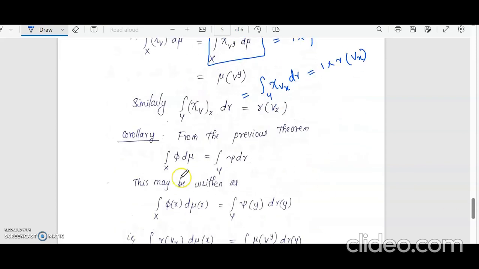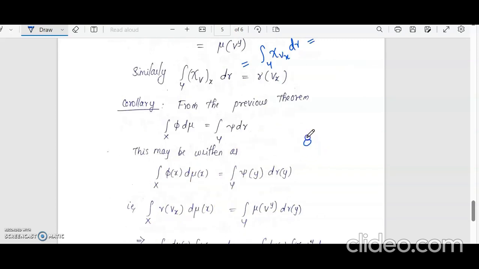Now by the previous theorem, integral over x phi d mu will be equal to integral over y psi dr. Phi was defined as phi of x, that is r of vx, and psi of y was defined as mu of vy in the theorem.